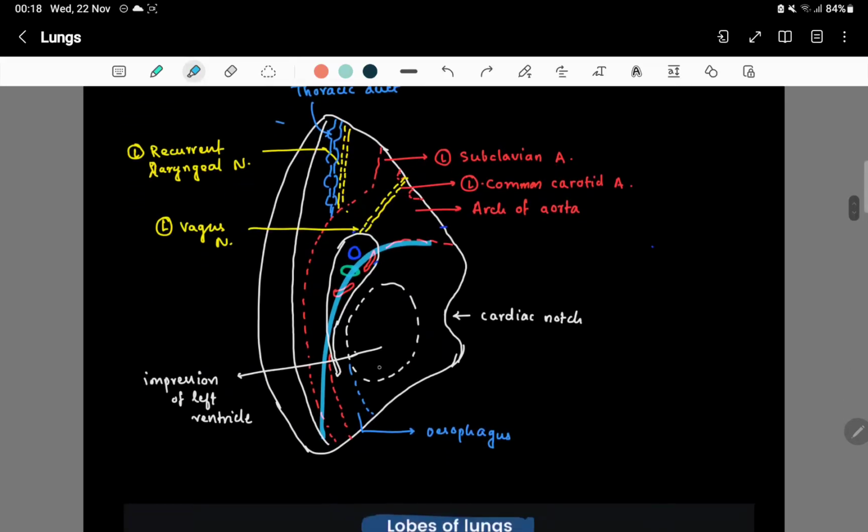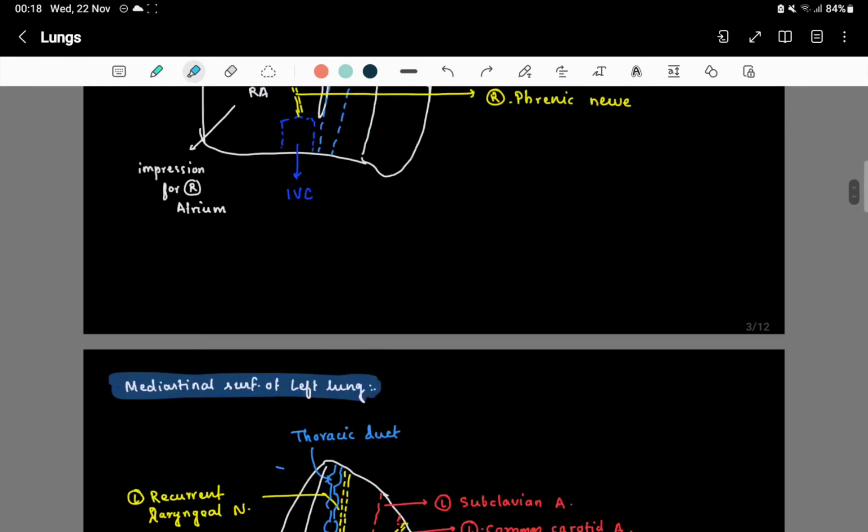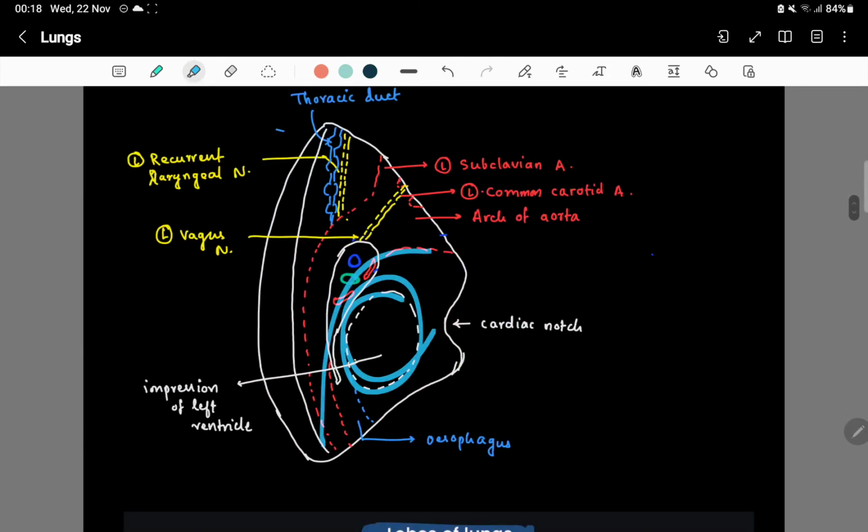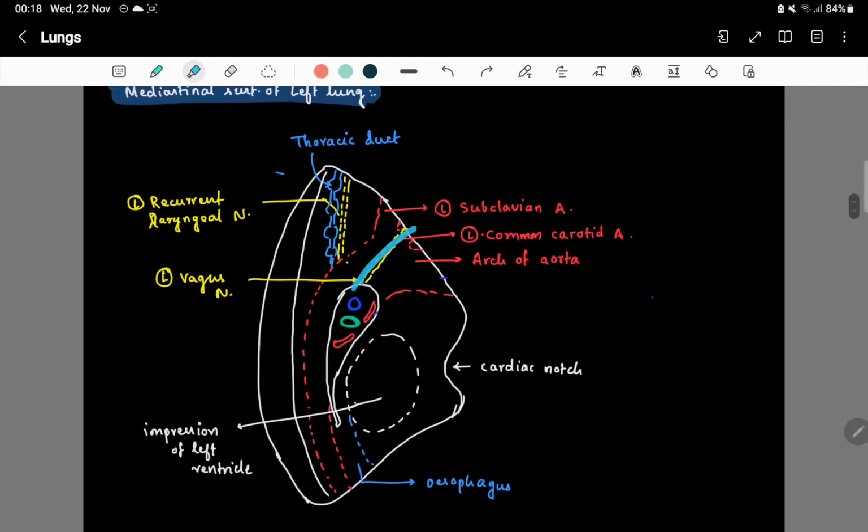What extra things we have is the impression for the left ventricle. Here we had the impression for the right atrium, and here we have the impression for the left ventricle. Here is the cardiac notch. The esophagus must be lying posterior to this, which is not very well seen in this diagram. Then the left vagus nerve impression is there, near the left common carotid artery.